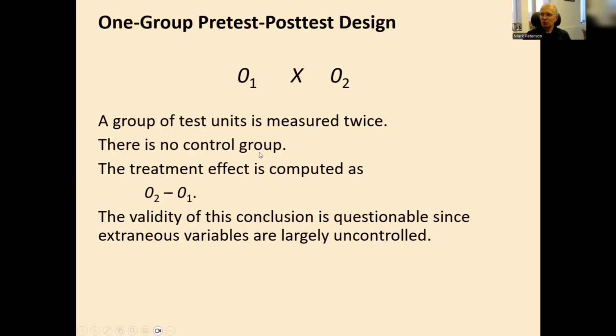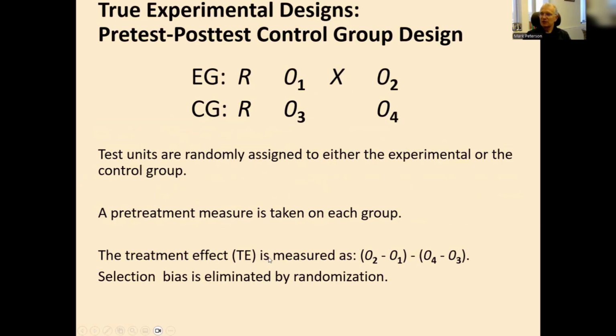Here there's no control group, so it's not a true experiment, but at least you can get the effect of how consumers might feel about a product between time 1 and time 2. You would subtract time 1 from time 2. That would be the effect. The X here might be an advertisement for that brand. For example, they would watch a TV commercial.